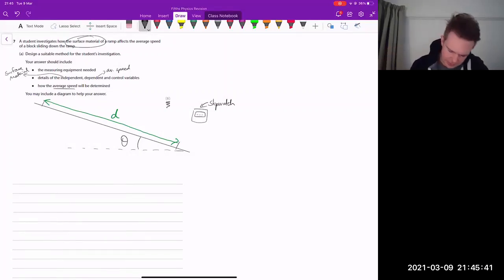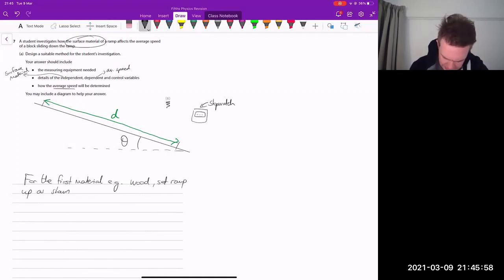So for the first material, for example wood, set the ramp up as shown above.